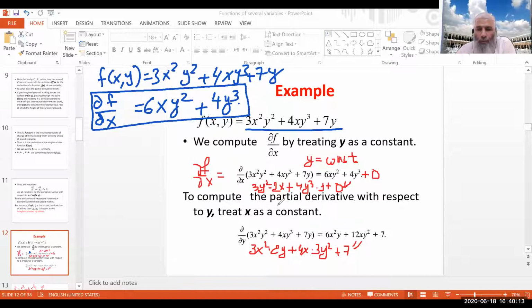Now, to compute the partial derivative with respect to y, treat x as a constant.